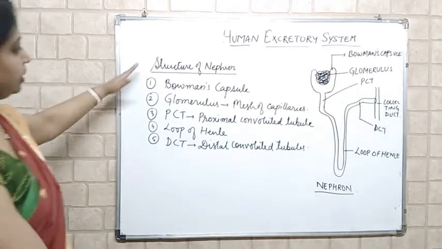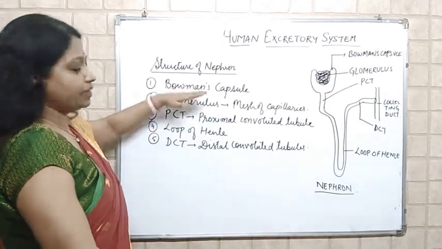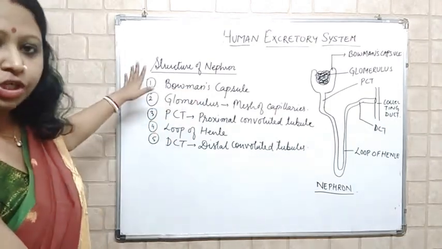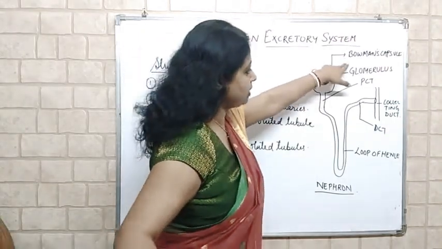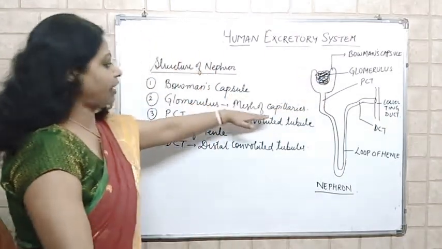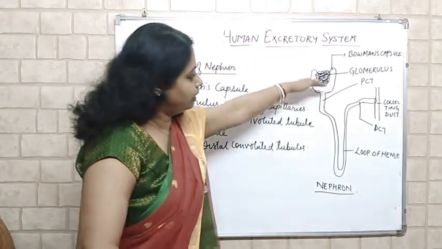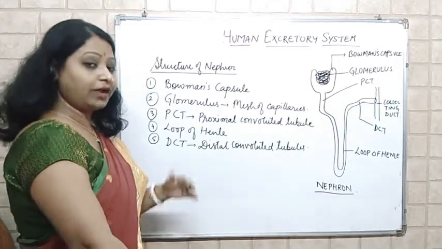So this is the general structure of nephron. What does it contain? Bowman's capsule. Inside Bowman's capsule, there is a mesh of fine capillaries, which we call glomerulus, and then from there, the tubular system arises.